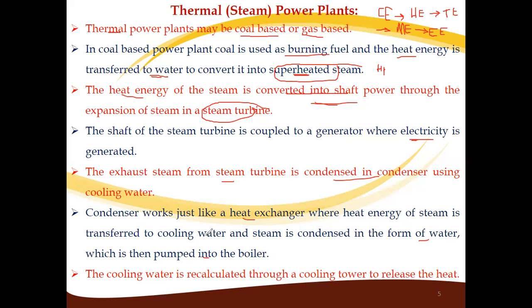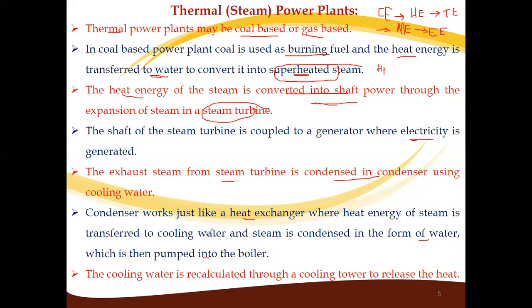Then we have a generator, where we convert the mechanical energy into electrical energy. Another part is the condenser, where the exhaust steam is converted into water, and this water is again fed to the boiler by the feed pump.